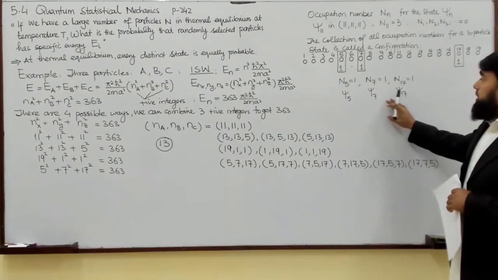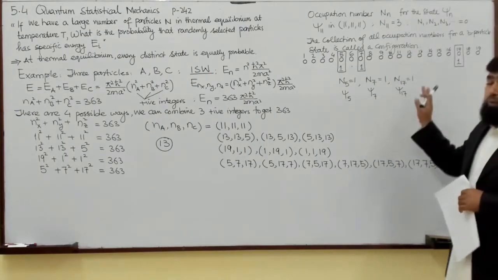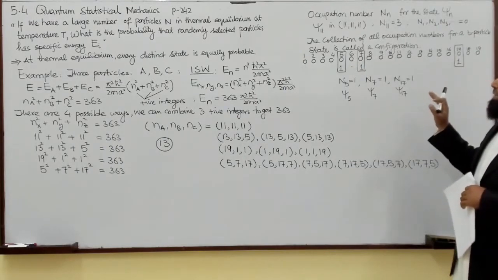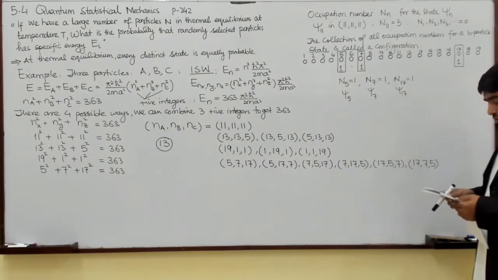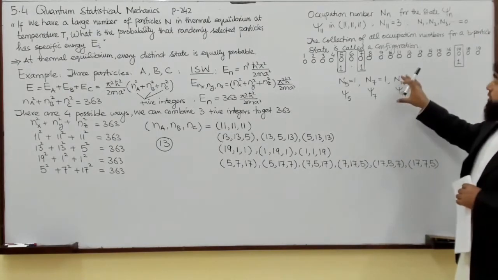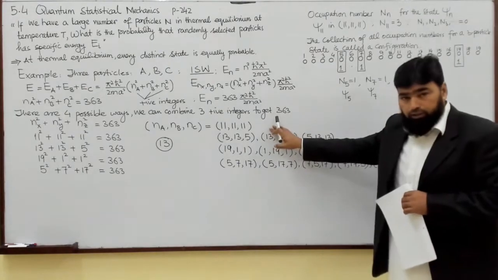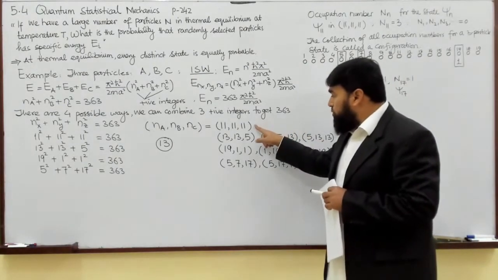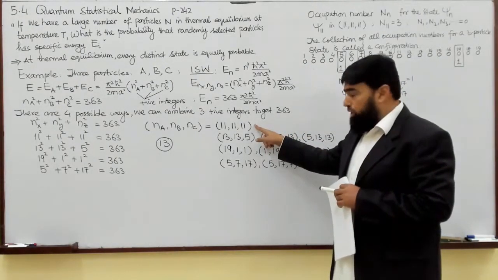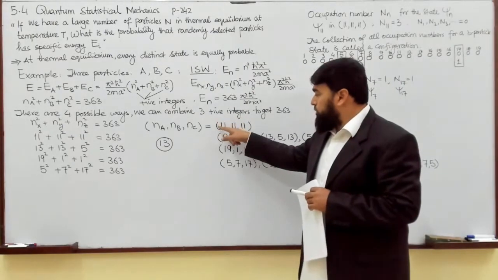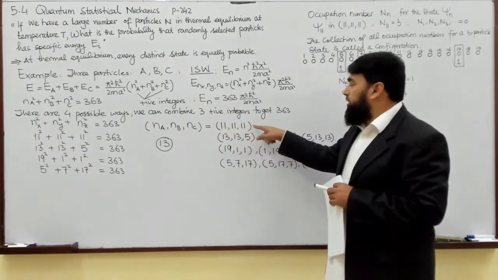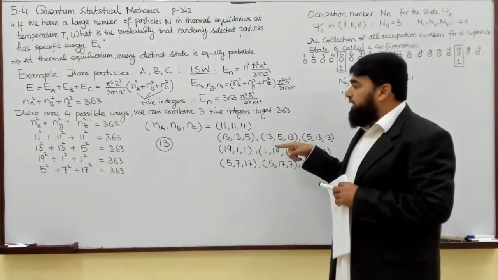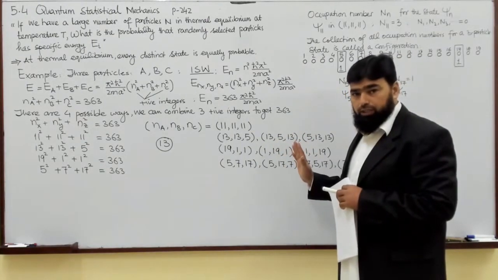Now we don't care which particle is in which state, but we care how many particles are in a state. So for that we come again here and we see that there is one way to distribute or get a configuration of 3 particles. And we are considering here distinguishable particles.